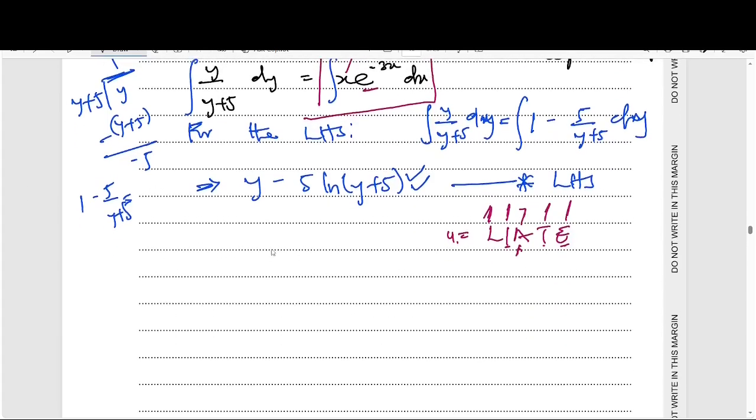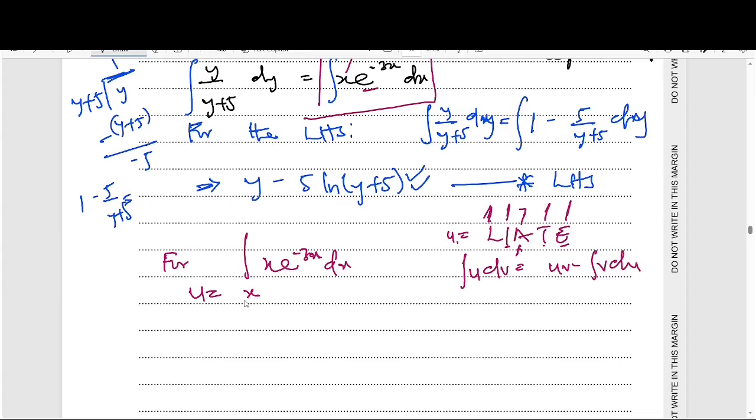So for the right hand side, for the integral of x e to the minus 3x dx, we let our u be equal to x, and then remember the formula is integral of u dv is equal to uv minus integral of v du, right?